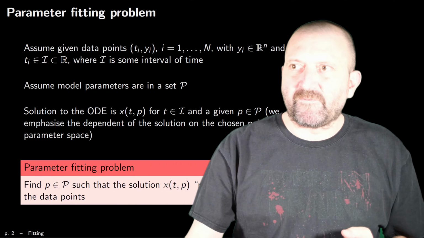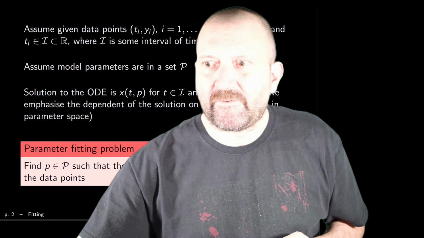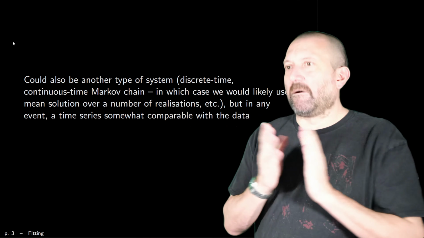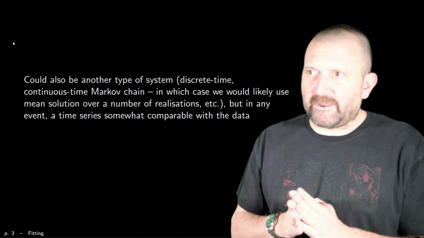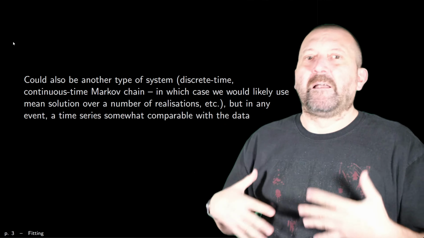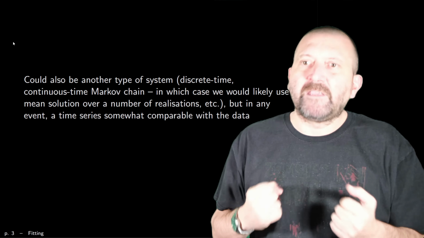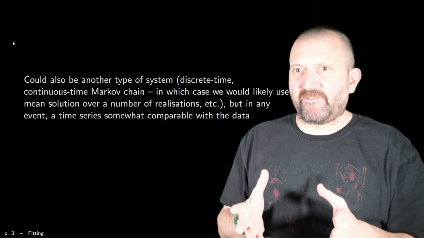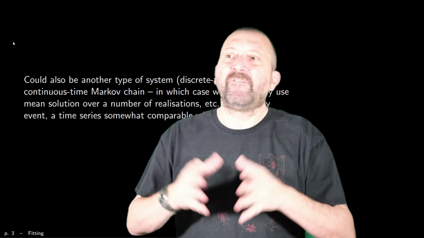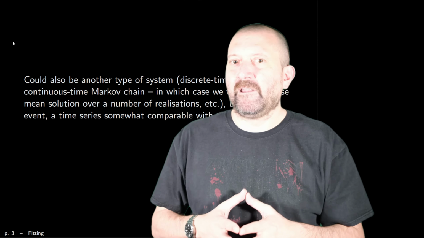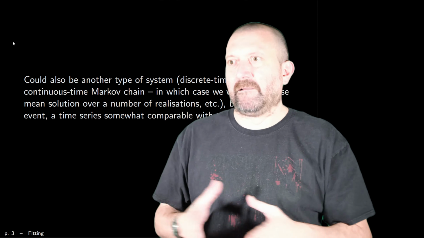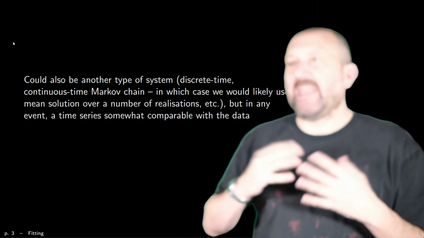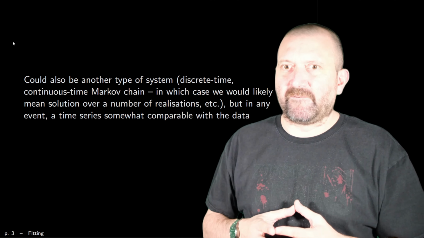So how do we do that? Now, before we get into the detail, let me point out that we could have a whole different set of models. I'm going to illustrate the methods using an ODE, an ordinary differential equation. But you could definitely have any type of model that you can think of.